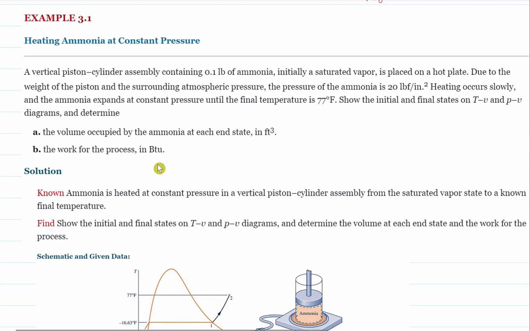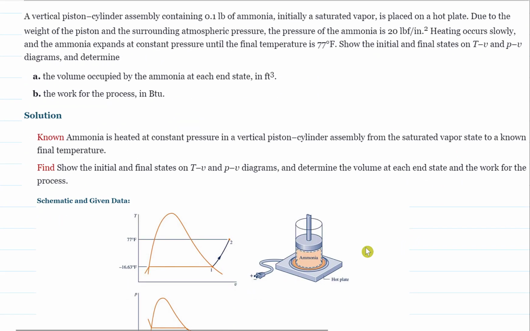This is an example in our textbook. A piston cylinder assembly containing 0.1 pounds of ammonia, initially a saturated vapor, is placed on a hot plate. So heat is transferred to the ammonia. Due to the weight of the piston and the surrounding atmospheric pressure, the pressure of the ammonia is 20 pound-force per inch squared, or psi.